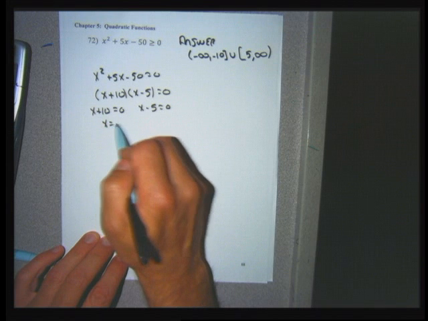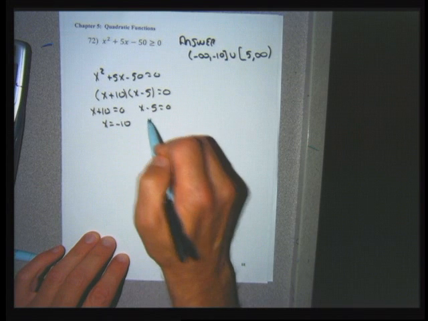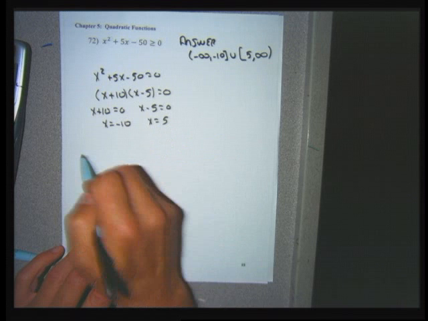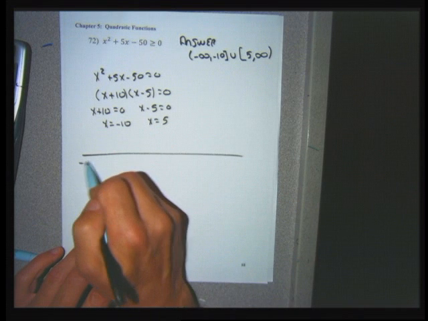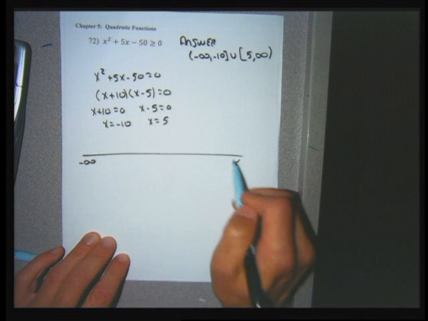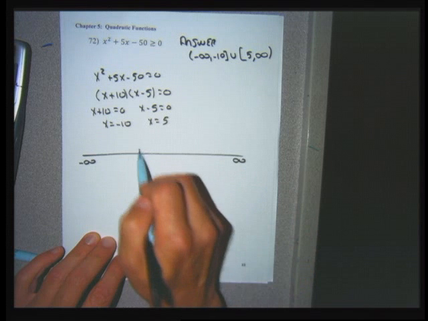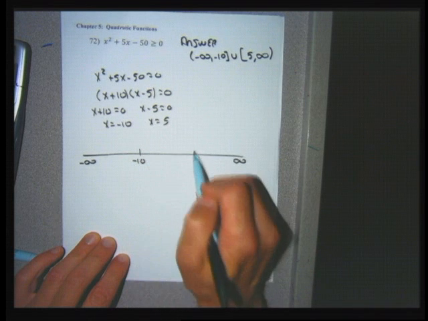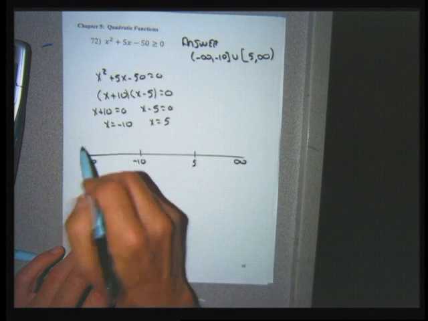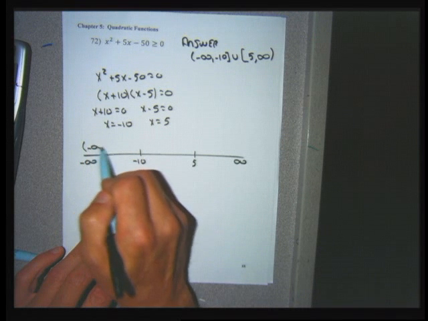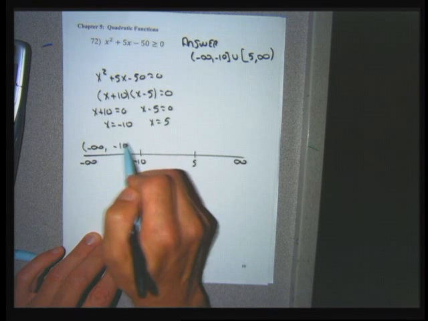This one gives me x equals negative 10. That gives me x equals positive 5. On my number line, I get a negative infinity, positive infinity, a negative 10, positive 5, square bracket on the negative 10 and the positive 5 because of the or equal to.